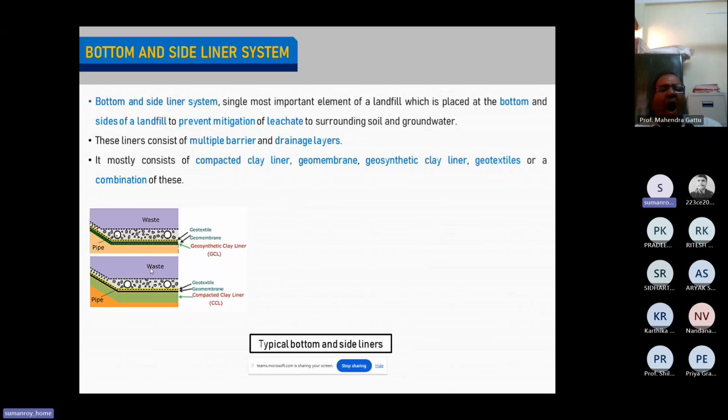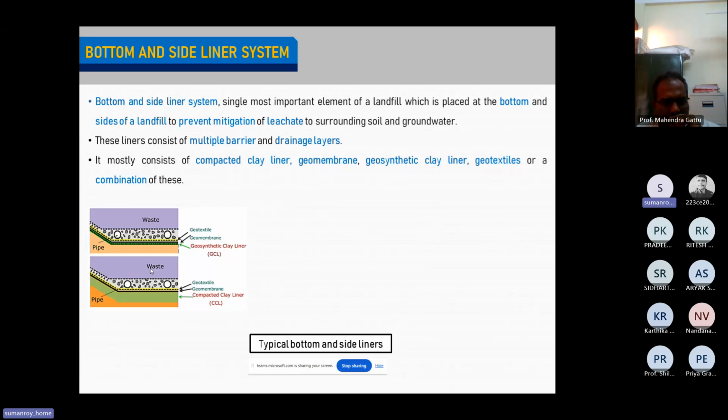And it is compacted, it is not in a very loose state. Then you have a layer of geomembrane, a layer of geotextile, and then a drainage layer. The main job of the geomembrane is to prevent the drainage particles from coming in contact with the compacted clay liner. Nowadays, people use a double barrier system.